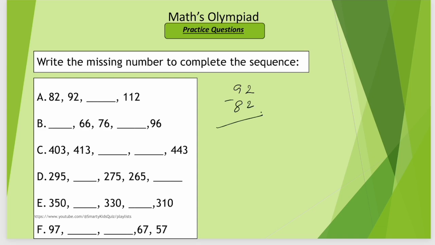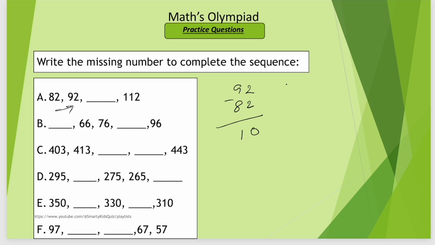Do a minus. When you do a minus, you will come to know how much it is increasing. 2 minus 2, 0. 9 minus 8 is equal to 1. It is increased by 10. Right? So from 82 to 92 it increased by 10.